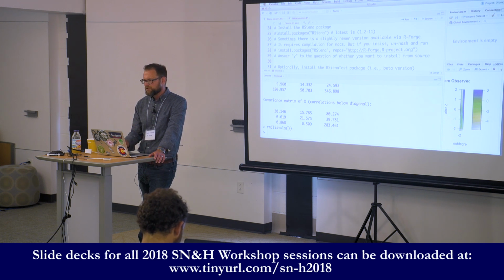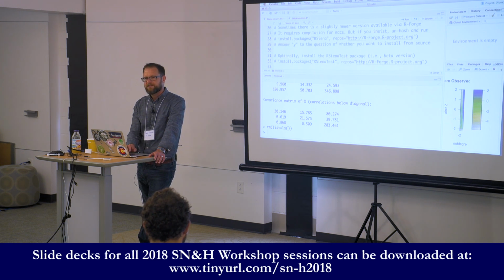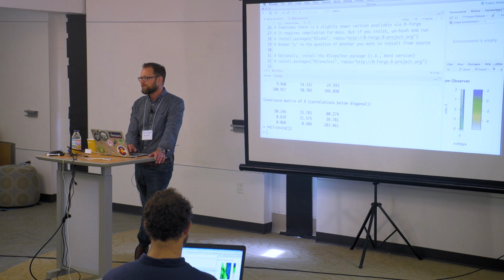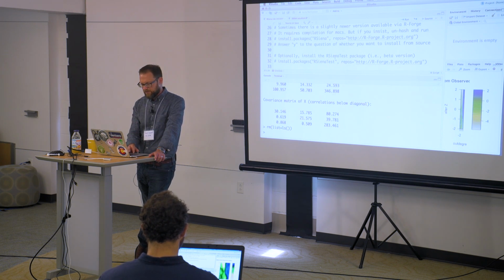But there's a newer version with slightly more effects out there for those who just want to be on the cutting edge. There's also an RSiena test package that has a lot of things in development that people are working on but are not ready for release. That's out there and available.